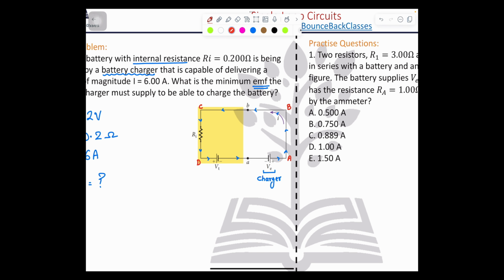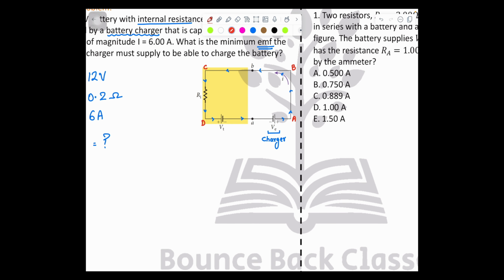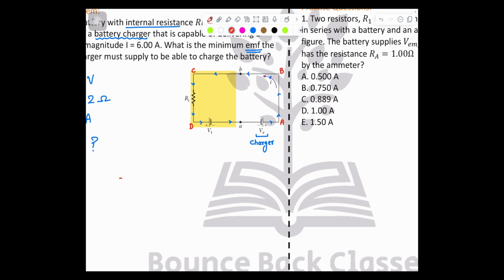Okay guys, very easy, huh? Just make this equation and finish. Okay, start with A, let's say plus VE. Okay, keep on moving. Okay, now we are with Ri. So in the same direction of current, loop and current in the same direction, we know it should be negative IR.